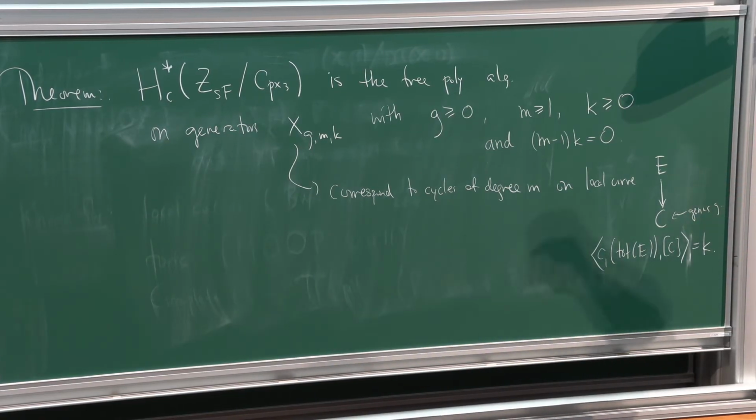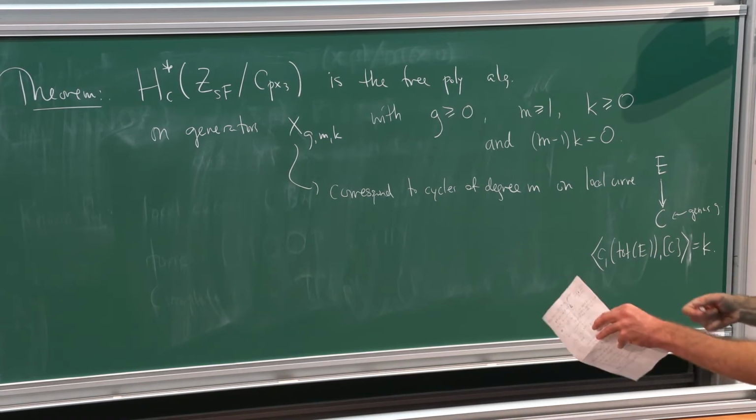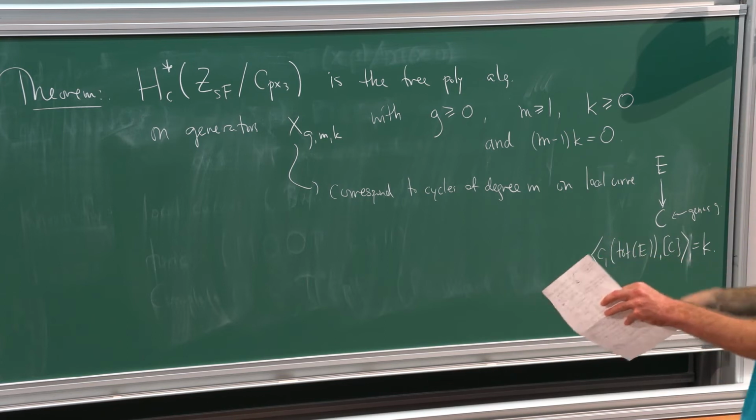It will be automatically compact. Yeah, so with the C star equivariance, it's.